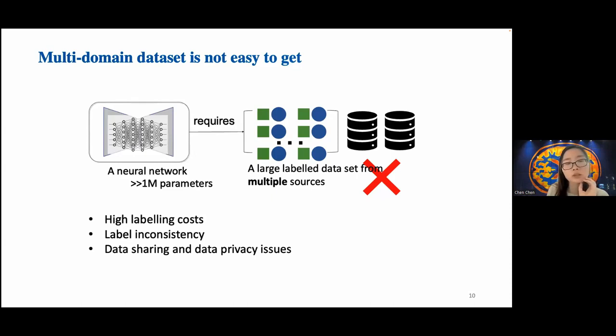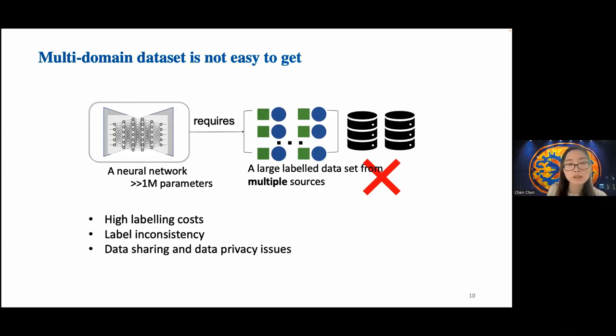The second problem is about label inconsistency. Because we have multiple large data sets from different hospitals, they might be labeled by different labelers or different groups of experts, and they may have inconsistent labeling protocols, which can hinder the model from generalizing well from such chaotic data sets. And the last issue is the most important one, that is data sharing and data privacy, as posed by, for example, GDPR.